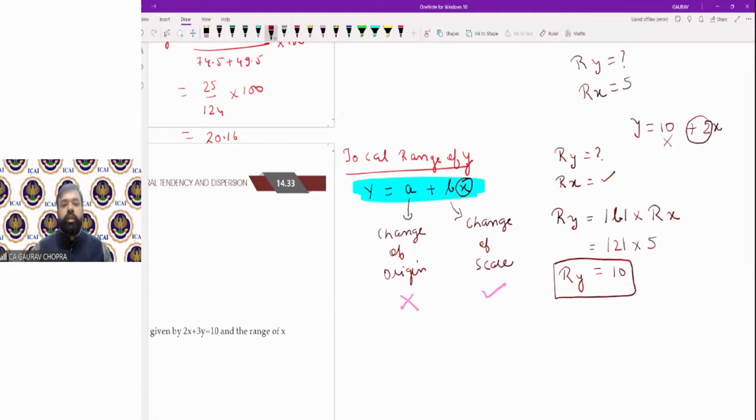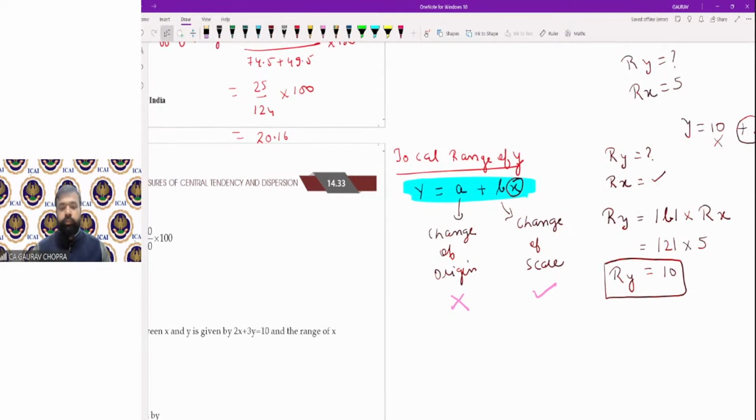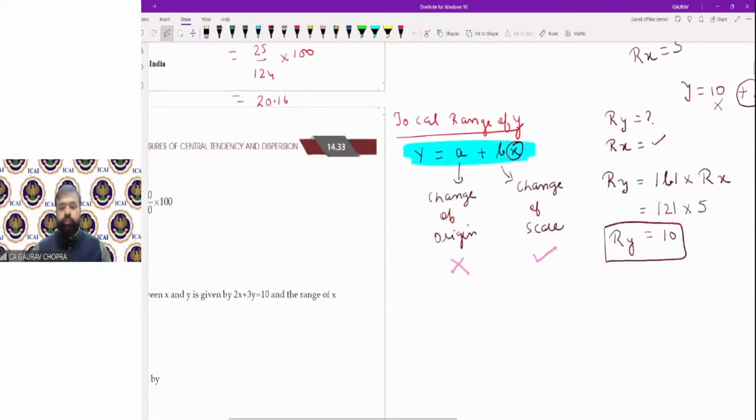So this is your range. Okay, understood?